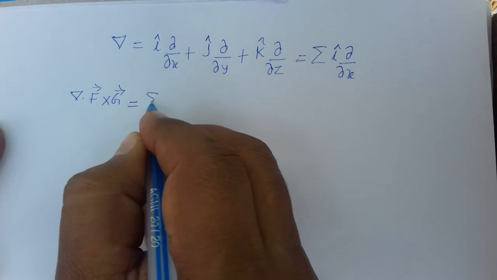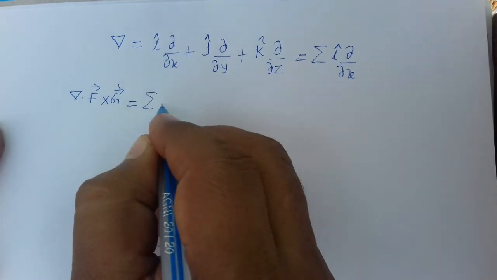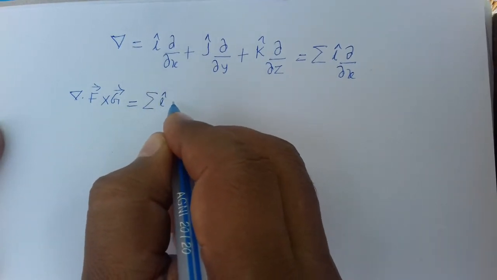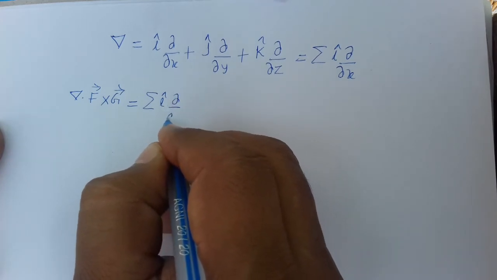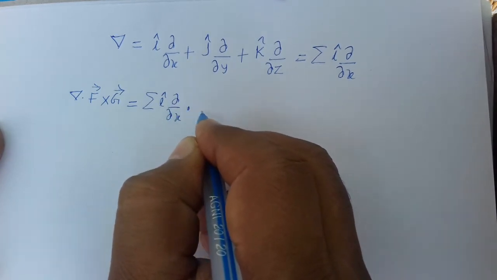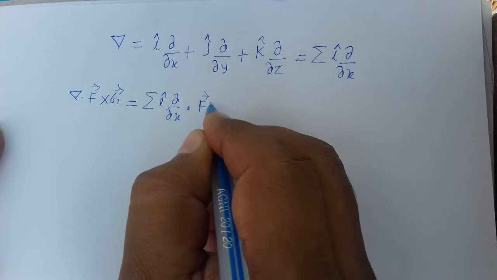In A you see del dot f cross g. This means that in summation form, i cap del by del x dot f cross g.